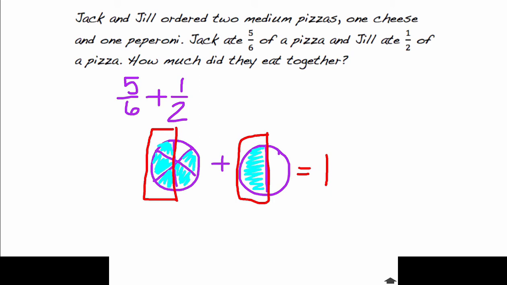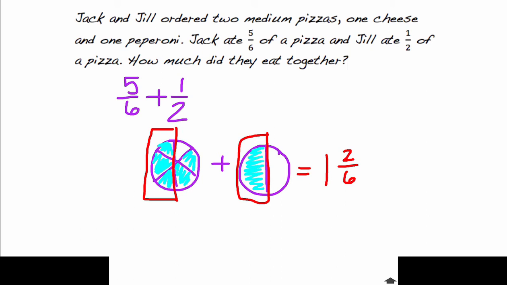Now I just have to figure out what's left over that Jack ate. Since we divided this into 6, I'm going to put 6 as my denominator. And we have 2 pieces that were not included in that half that Jack ate, so 2 becomes my numerator. And that gives us 1 and 2/6 as our answer for how much they ate together.